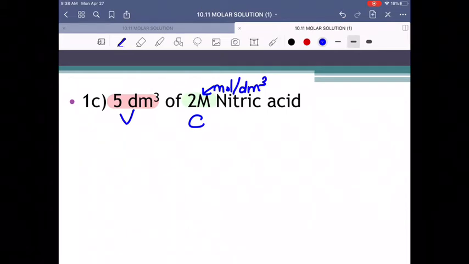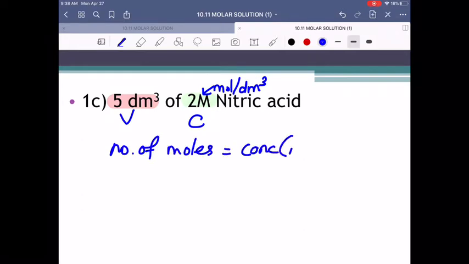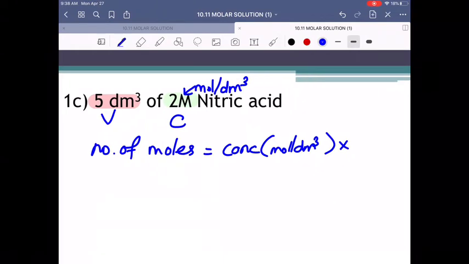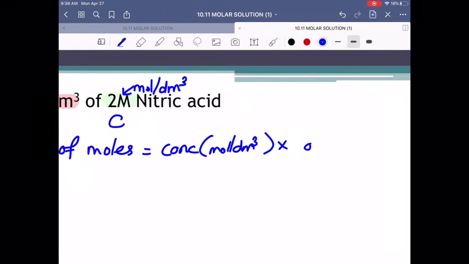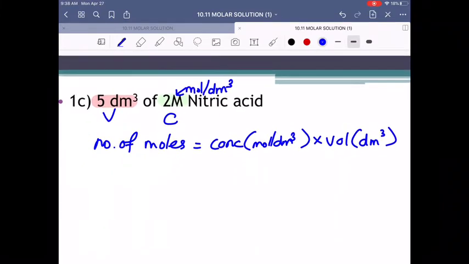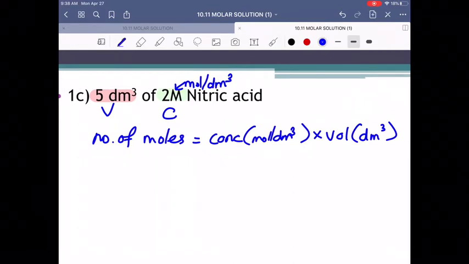The famous formula we're going to use is number of moles is equal to concentration in mole per dm cube times volume. Since you are given dm cube, just use dm cube without the 1000. So now you are substituting the value.